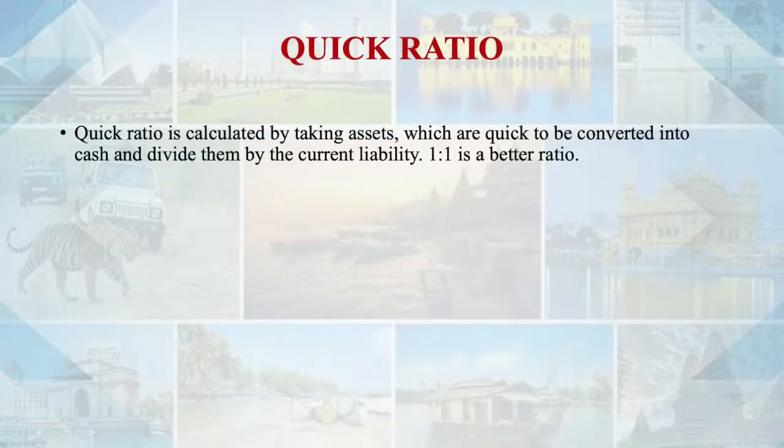Now quick means it is a ratio between the assets which are very quick, that is, which can be easily converted into cash. No time is wasted to convert them into cash, and then we take a ratio with the current liabilities. So what are those assets which can be easily converted into cash?